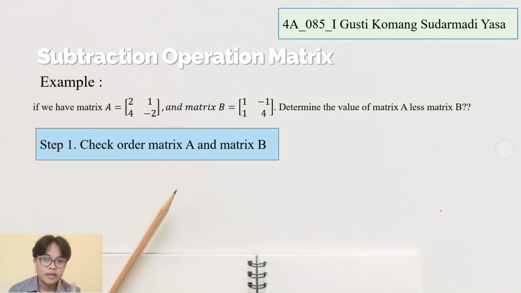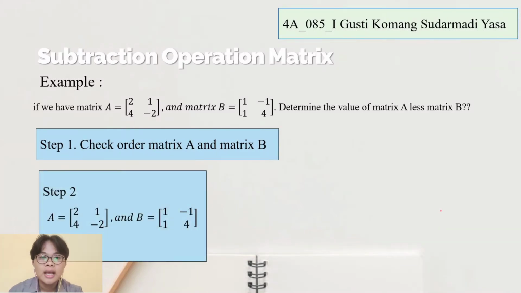Okay, the first step is to check whether matrix A and matrix B have the same order. As the result, A and B have the same order, 2 times 2, yes. Then the subtraction operation can be performed.